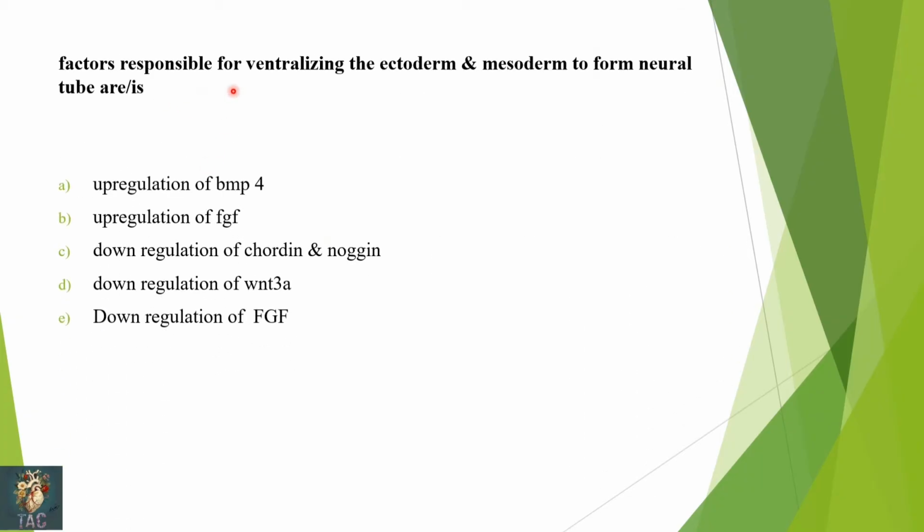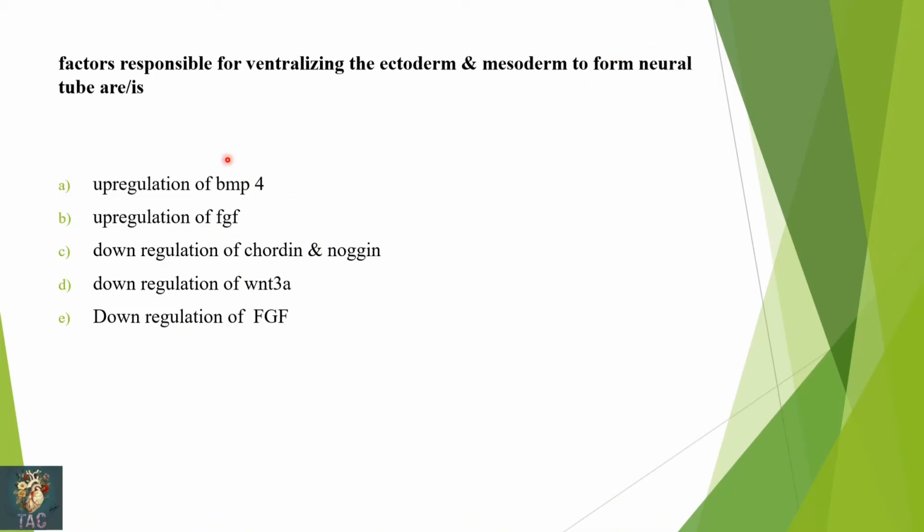Factors responsible for ventralizing the ectoderm and mesoderm to form neural plate. So the stem has now been changed a little bit. First we were looking at the factor responsible for ventralizing the ectoderm, and now another factor which is responsible for the ectoderm to form the neural plate.